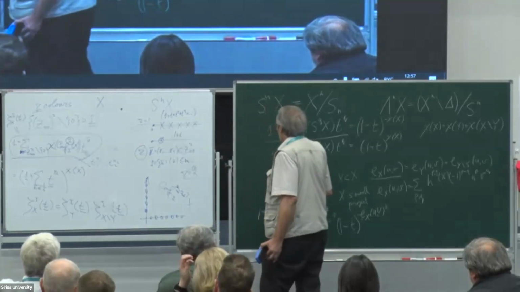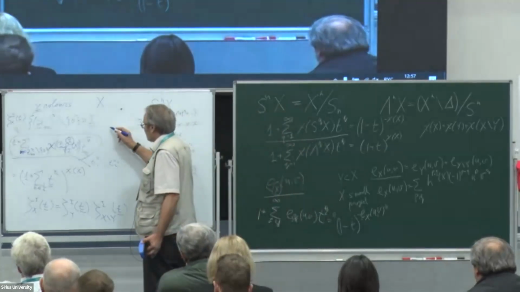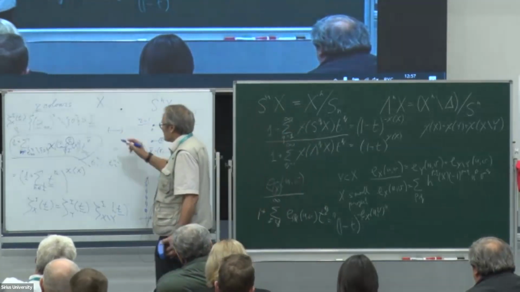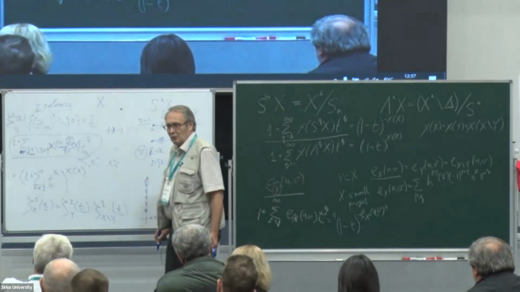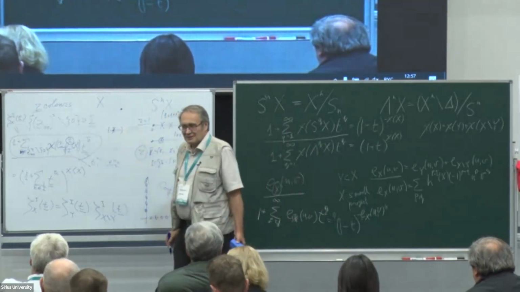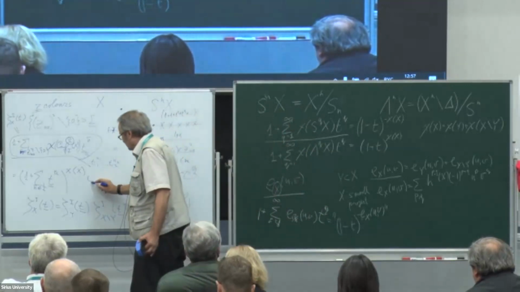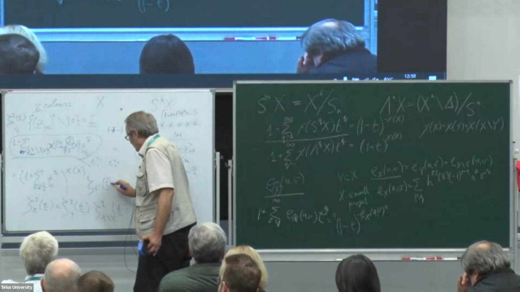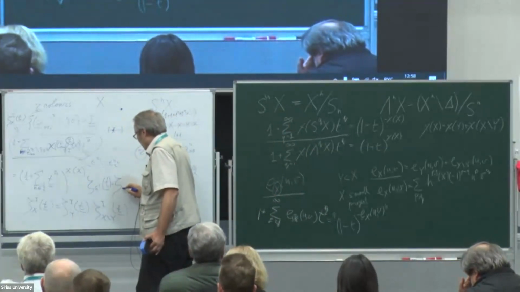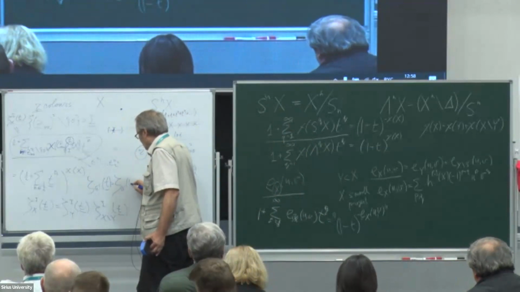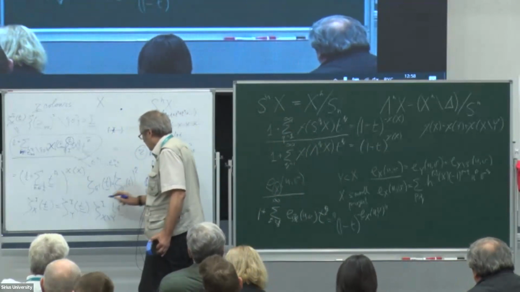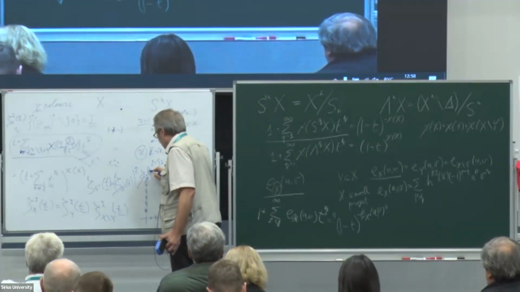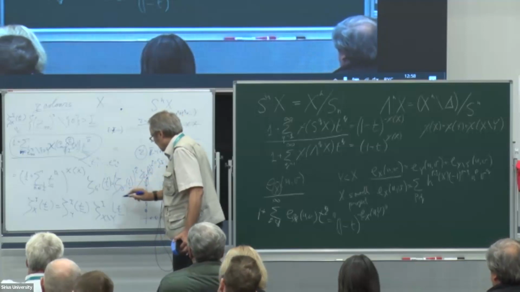Now, if you take a cell of dimension 1, it can be represented as a union of 2 cells of dimension 0 and 1 cell of dimension 1. And then, of course, zeta sigma 1 of t is zeta sigma 1 of t squared, according to this multiplicity, times zeta sigma 0 of t underlined.